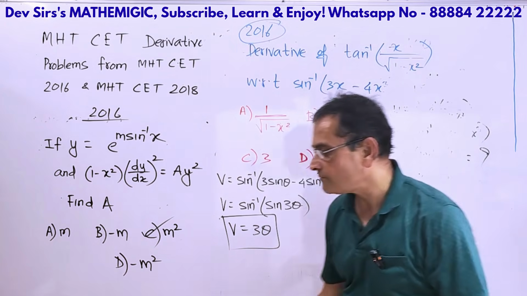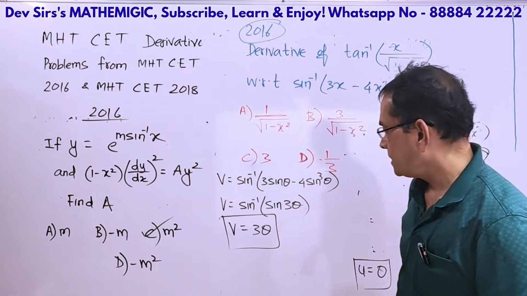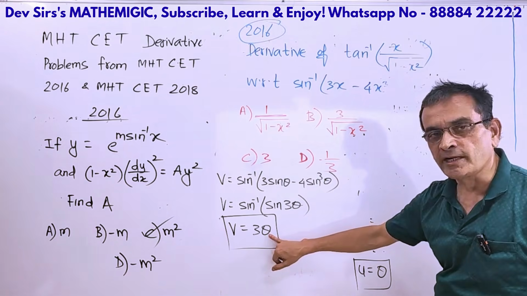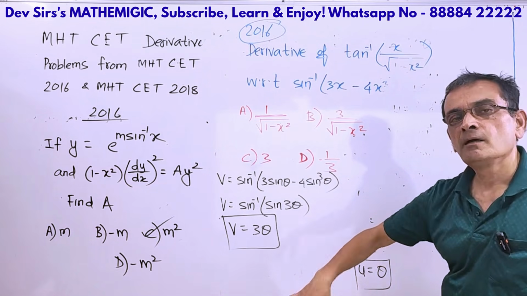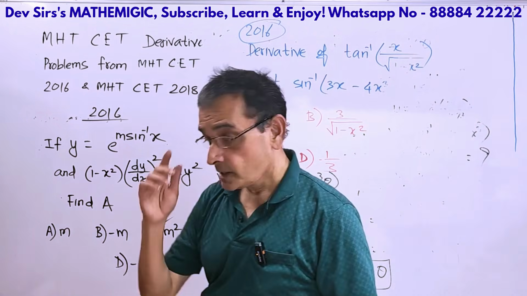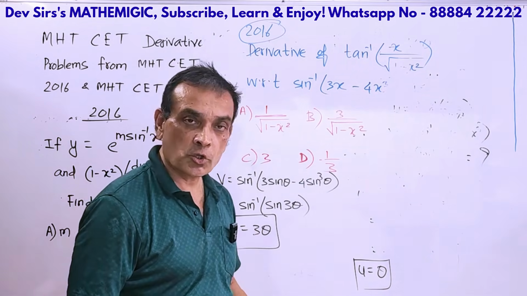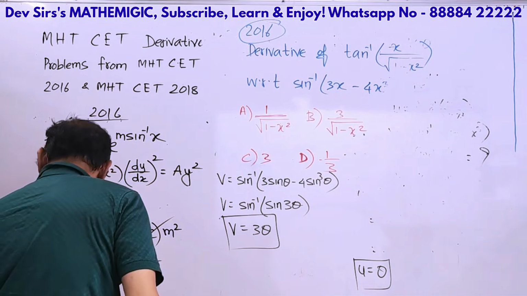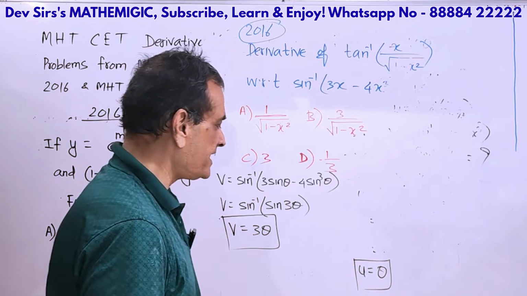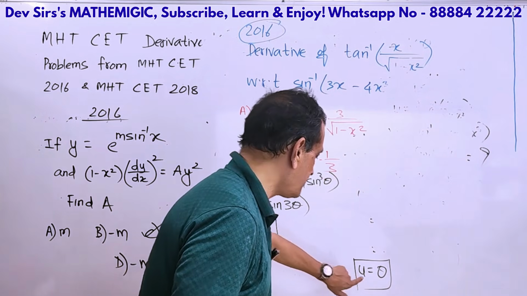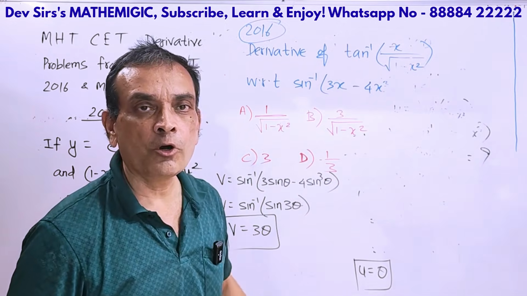Now in the board exam, we had to resubstitute the value of theta as sin inverse x, and then take its derivative. Here we are going to use one more shortcut. That shortcut says directly take the ratio u upon v.